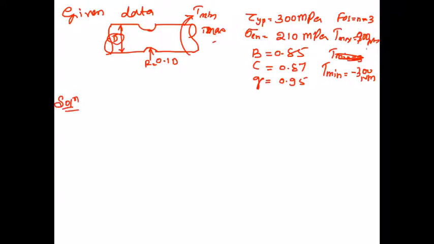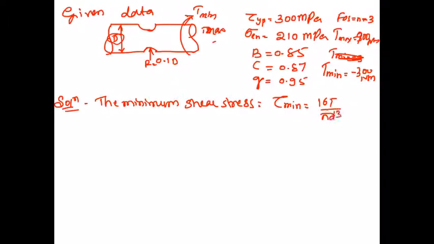Now, in this case, as it is subjected to torque, it is under torsional shear stress. So let us find the minimum shear stress. Tau minimum equal to 16T divided by pi d cube.